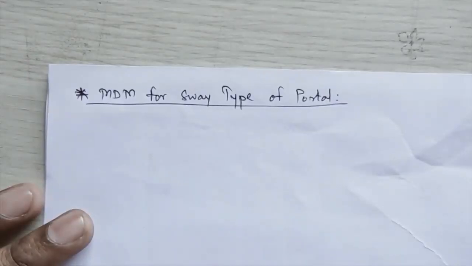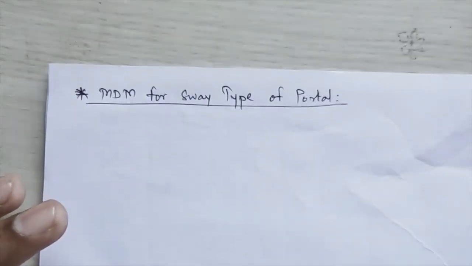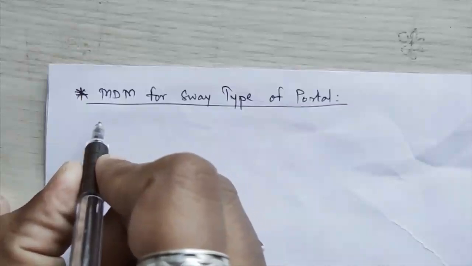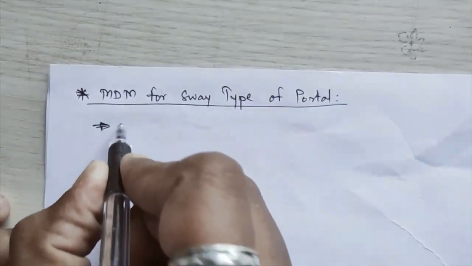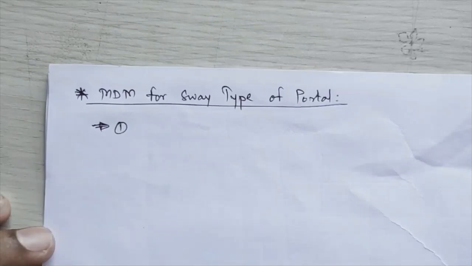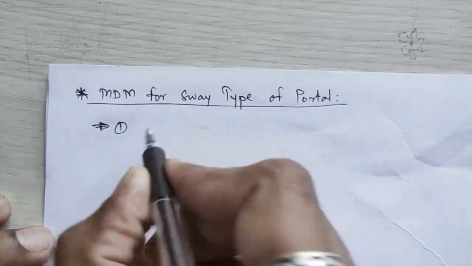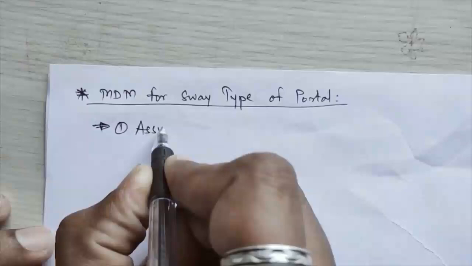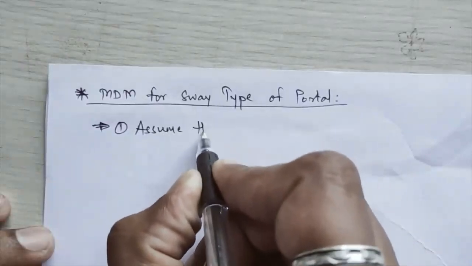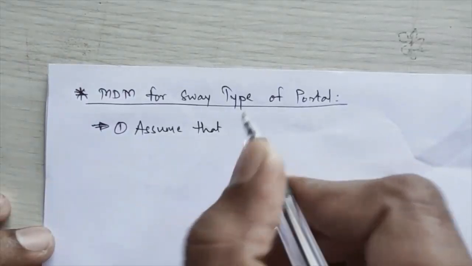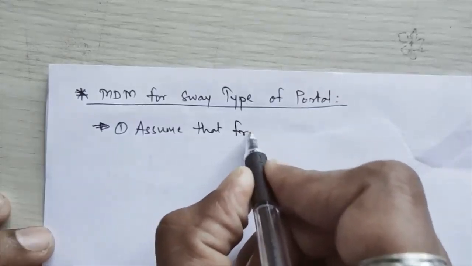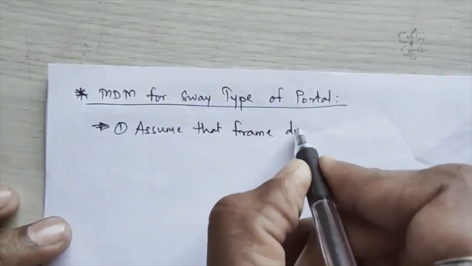Now in analysis of moment distribution method, the first initial step whatever you have to do is to assume that your frame doesn't sway. That frame does not sway.